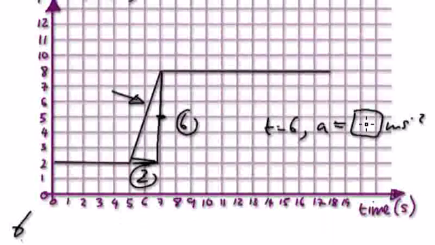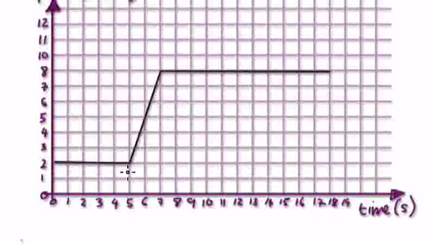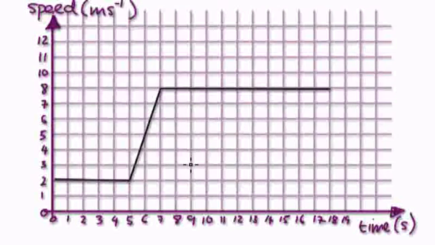Well, the acceleration will be 3. So when there's an acceleration of 3, what that means is every second there would be an increase in speed of 3. So after 1 second, there's an increase in speed of 3.